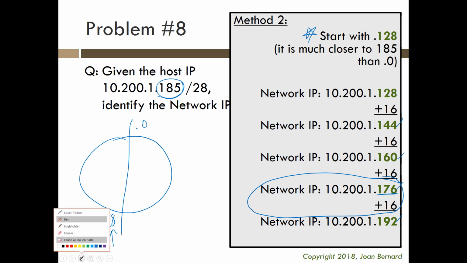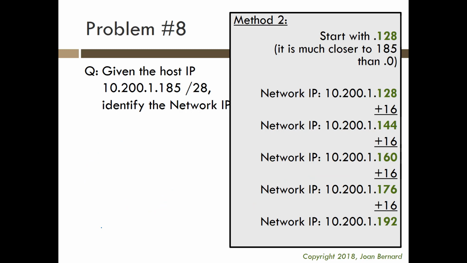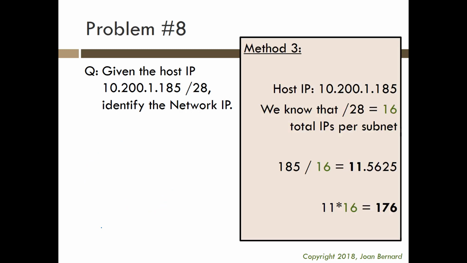Now, the third method is a little bit different. Method 3 works like this. You start with the host IP 10.200.1.185, which is right here. We already established that a /28 is equal to 16 total IPs per subnet. So you take this 185 and divide it by 16, and get the result of 11.5625.